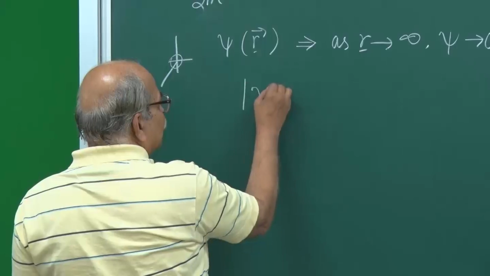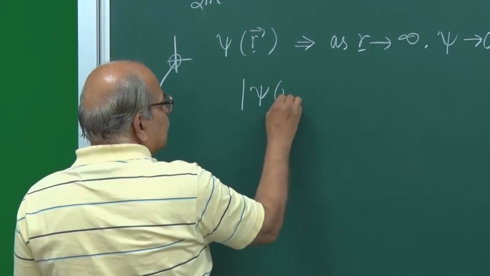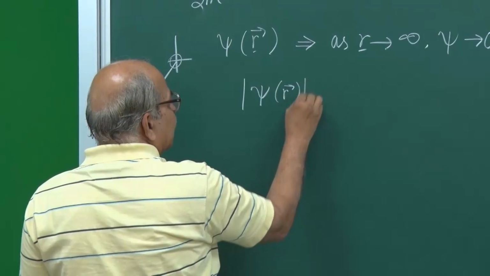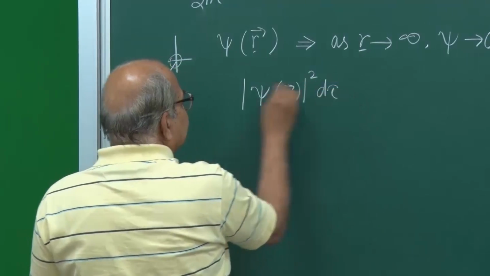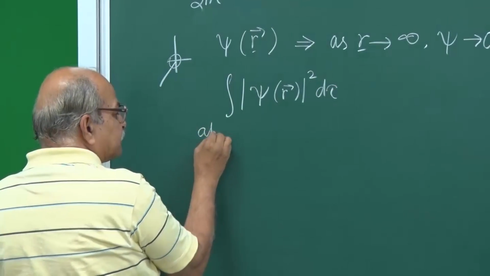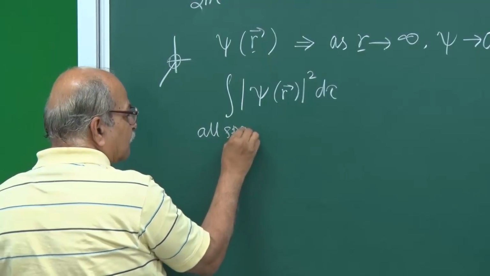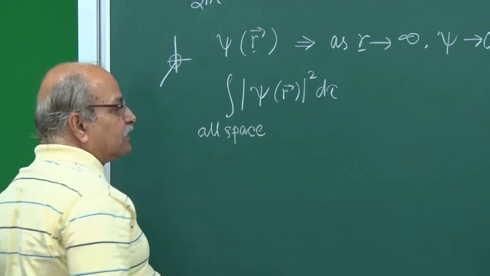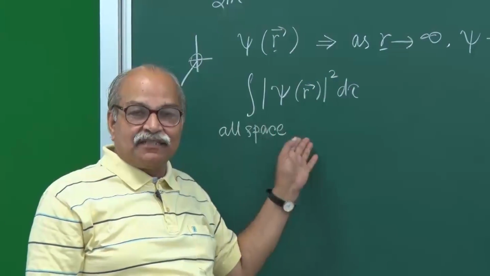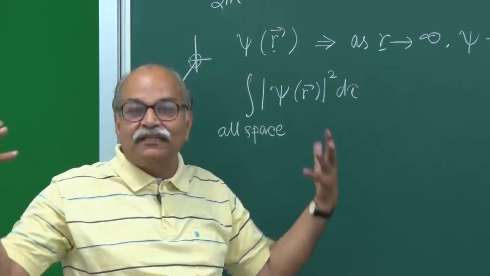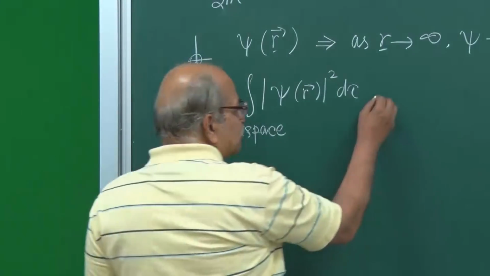Similarly, if I take the integral of |psi(r)|^2 d tau over all space, this gives me the total probability of finding the particle somewhere in the whole space. That must be 1.